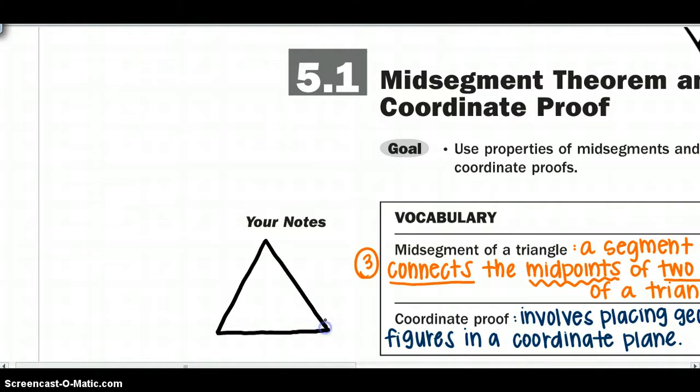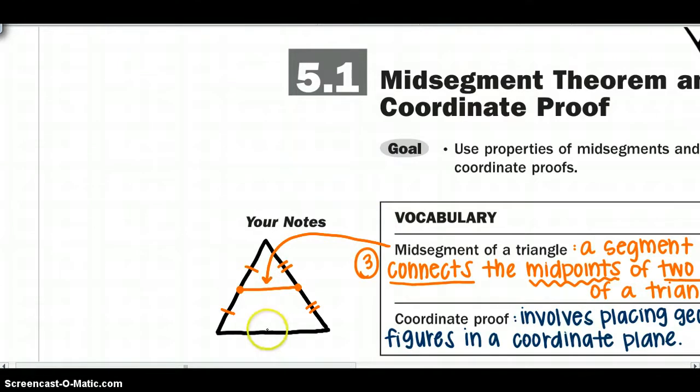So in my triangle, to find the midsegment, I need to find the midpoint of two sides, knowing that the midpoint definition says it is in the middle of the segment and it creates two congruent parts. If I connect the two midpoints of two of the sides, then that segment I just created is called the midsegment.